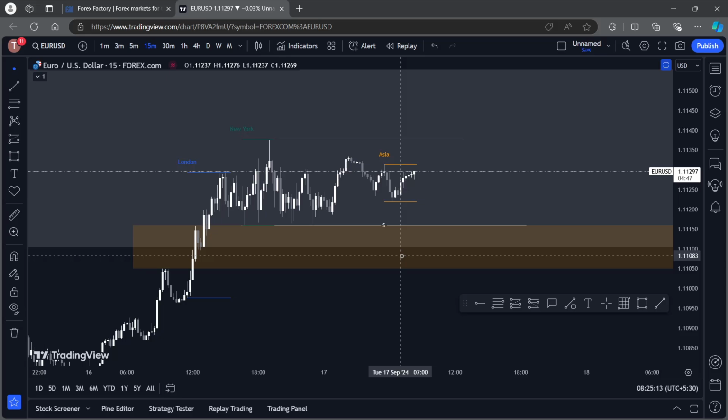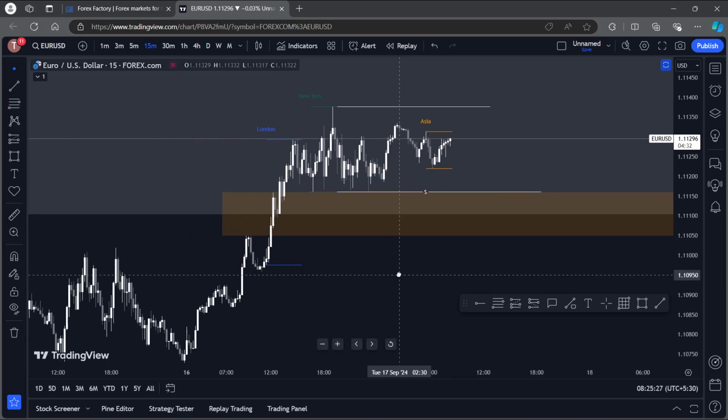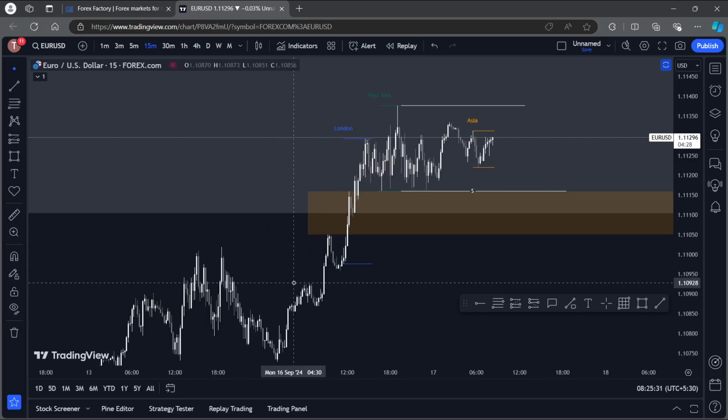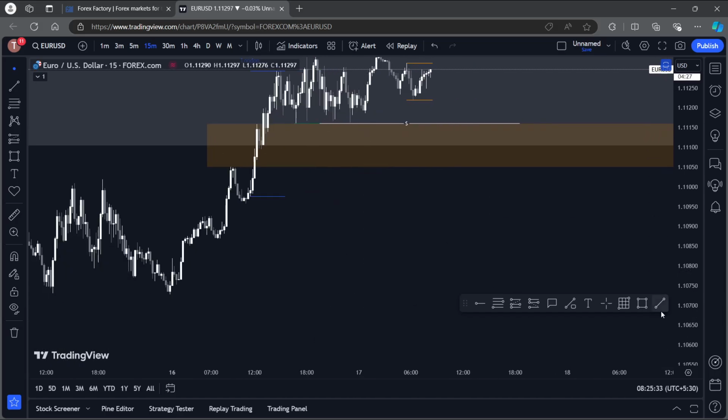So for today's bias, I'm anticipating that the price can possibly take this high or just the Asia high into the London session to come down to mitigate this FVG, and then we can possibly see a reaction into the upside direction, or we can come down to mitigate the extreme POIs, and for me this will be the invalidation point of the current move.